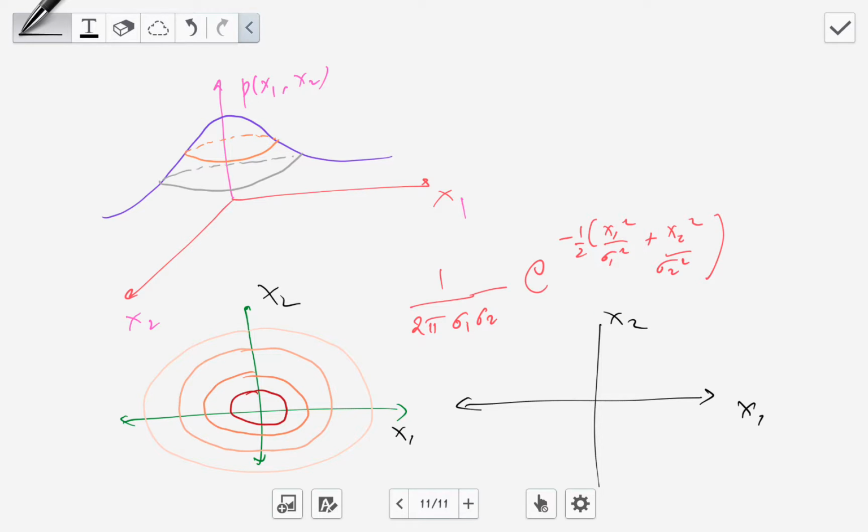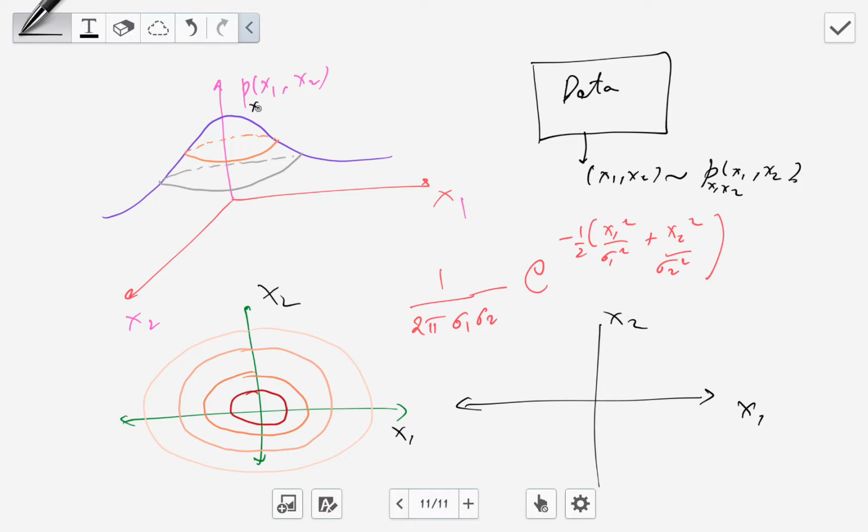If I am doing a random experiment, say this is your box, and it is generating data, these points, x1, x2. These points are distributed according to this distribution.